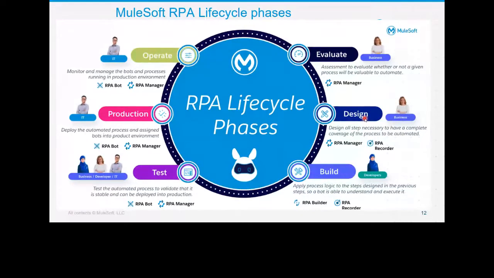Once the design phase is completed, again there will be an approval process that will go to your manager. Your manager has to approve that design. Once that approval happens for that particular design, then only it moves to the build phase. The developer who's allocated that task to build that particular process sees the task in their console, and then they're able to take that task and continue with their build.